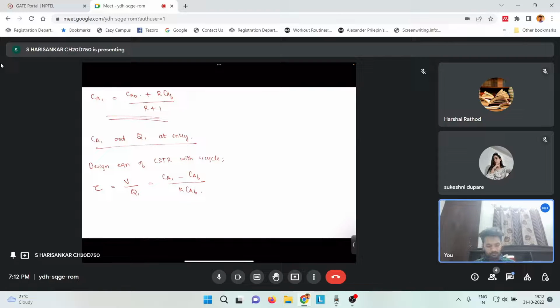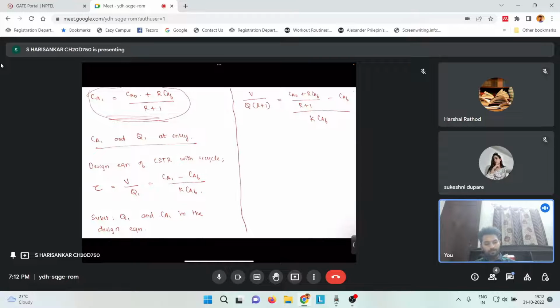Now what we'll do is substitute Q1 and CA1 in the design equation. Okay, so V by Q1 is basically V by Q into R plus 1, and that will become CA1, and CA1 we just found out here, that will be CA0 plus R CAF by R plus 1 minus CAF, the whole by KCAF.